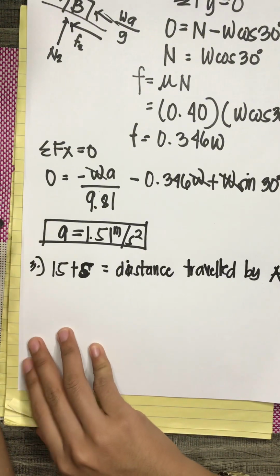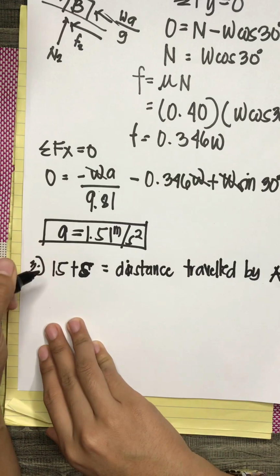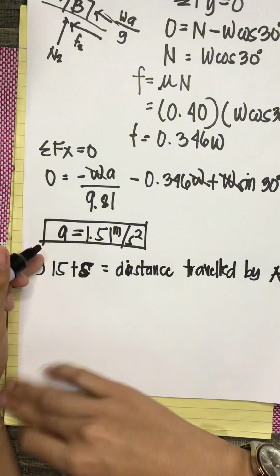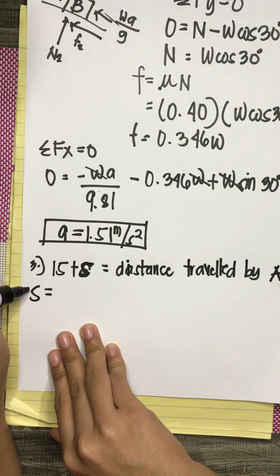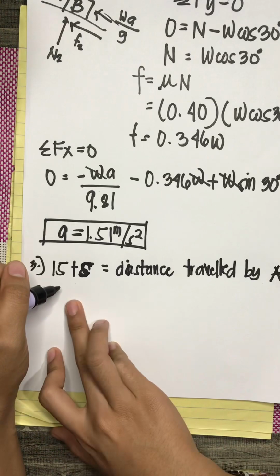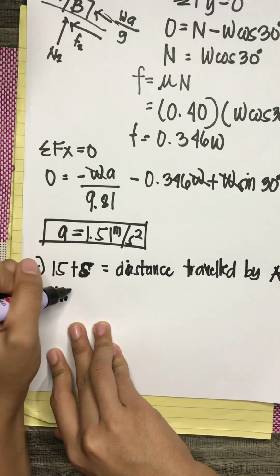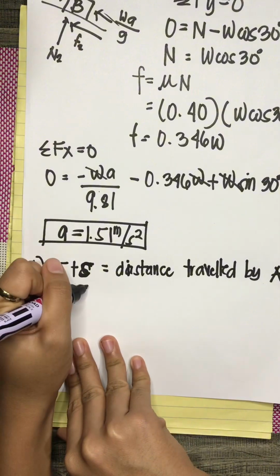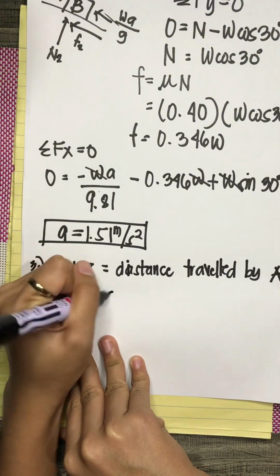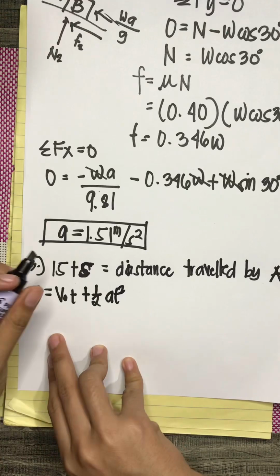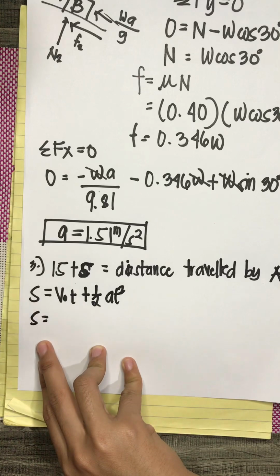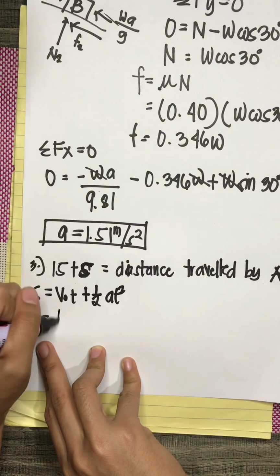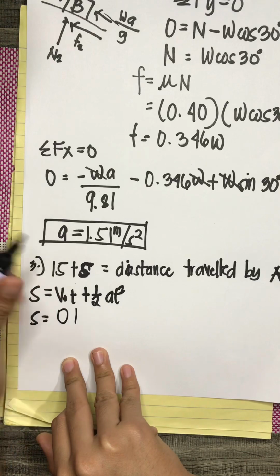As we all know, we have the formula S, distance, equals initial velocity times time plus 1/2 a t squared. Because the block is from rest, the initial velocity is 0, so that term is also 0.